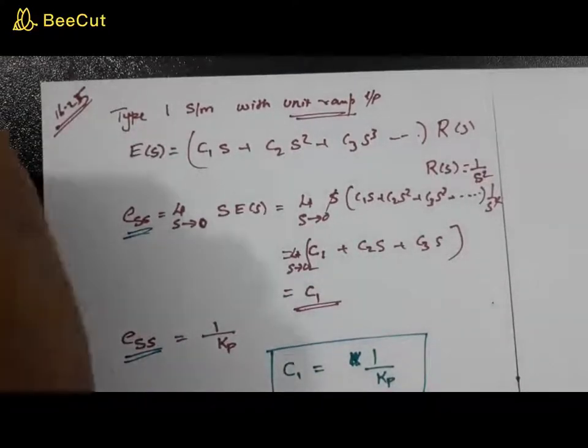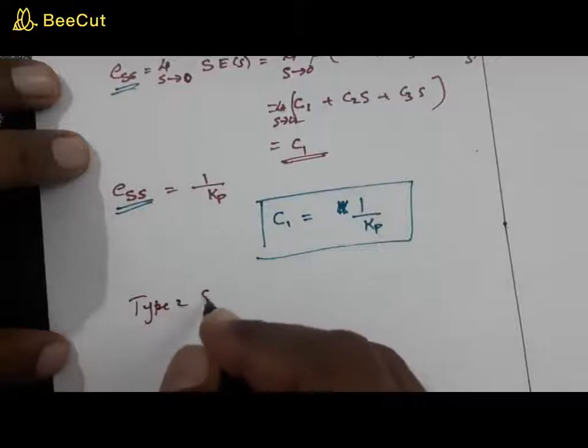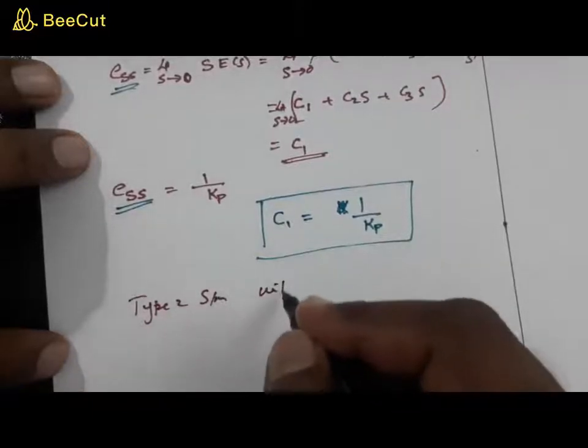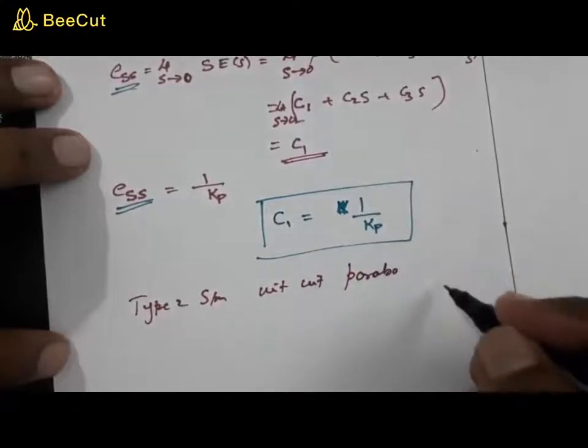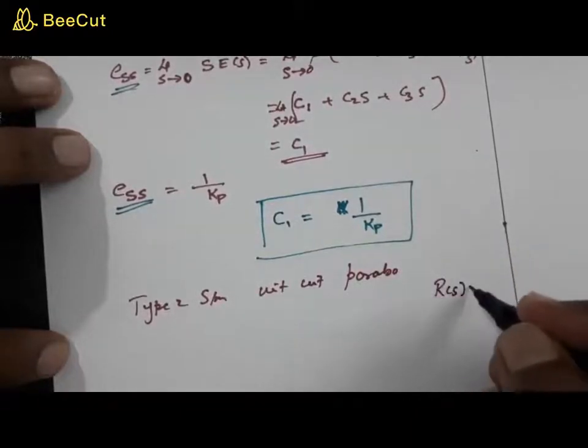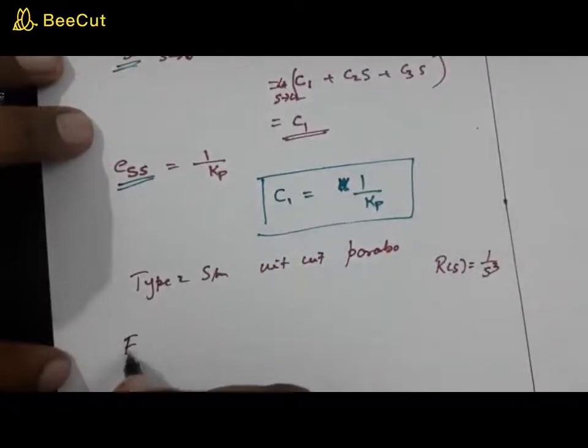Now we are going to find out, consider a type 2 system with unit parabolic input. When you consider your parabolic input, your R of S becomes 1 by S cube. Now what will be your E of S?